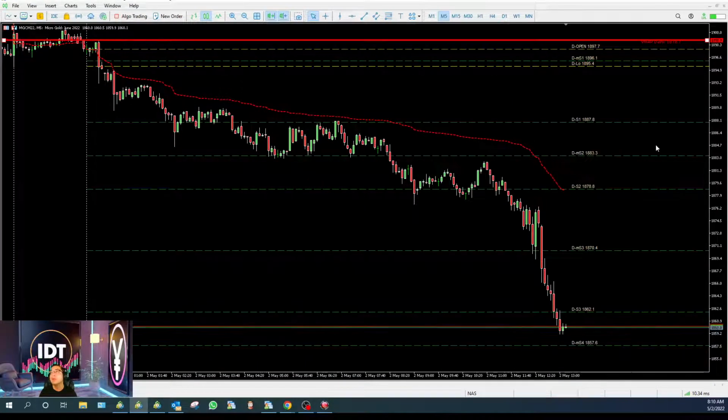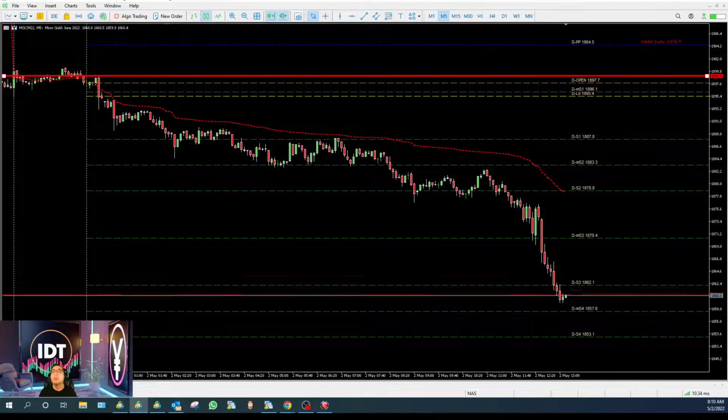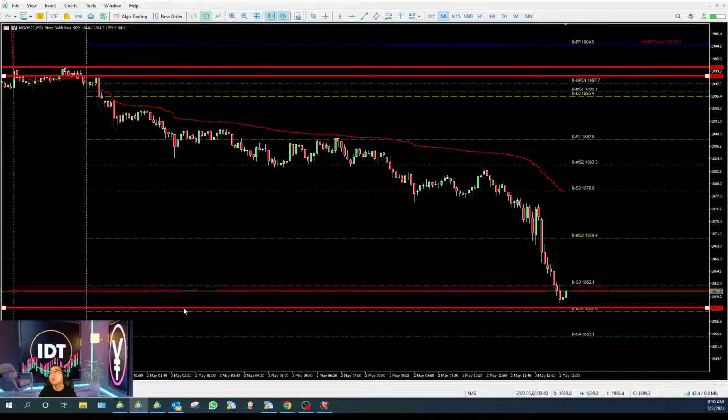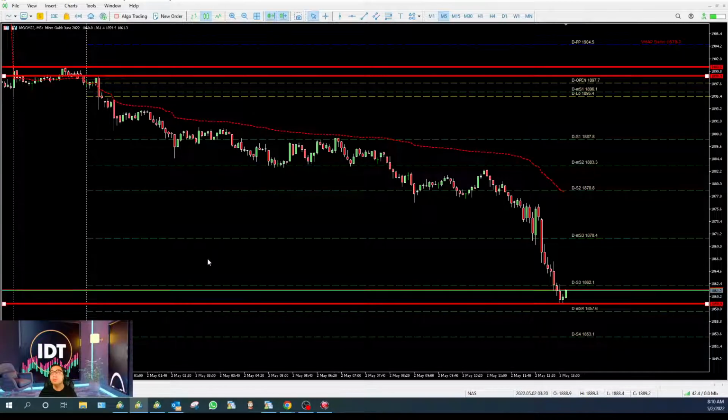It's high. And we're going to mark up the high of Sunday as well. Like that. Gold taking a beating.